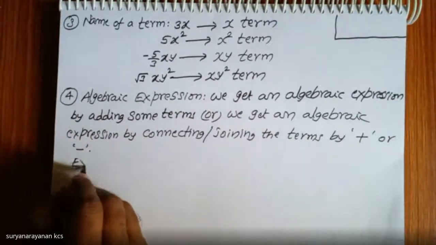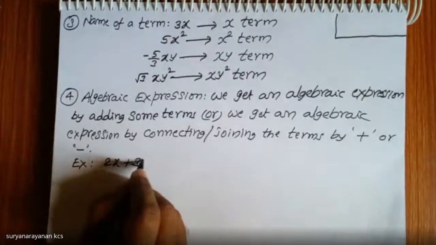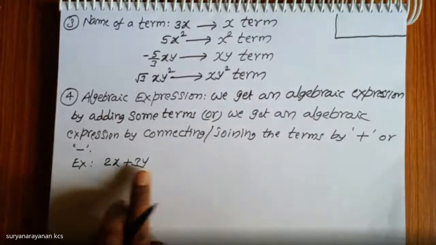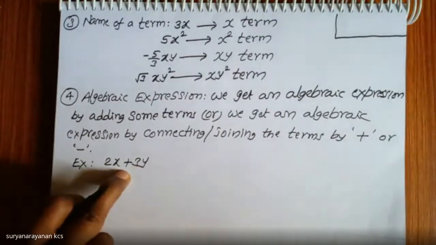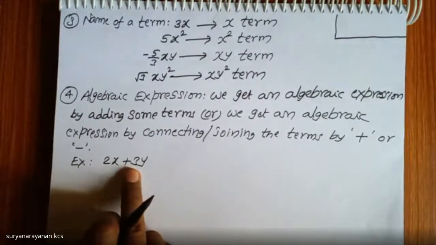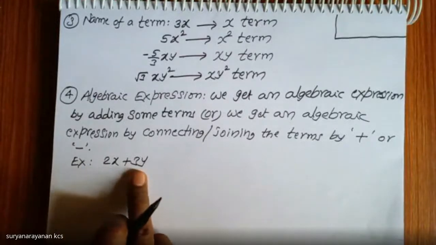For example, here 2x is the first term, 3y is the second term. These two terms are connected by a plus sign. Then this is called an algebraic expression.